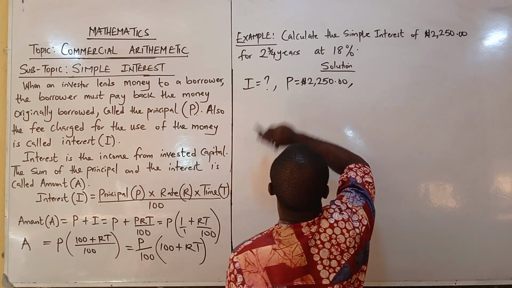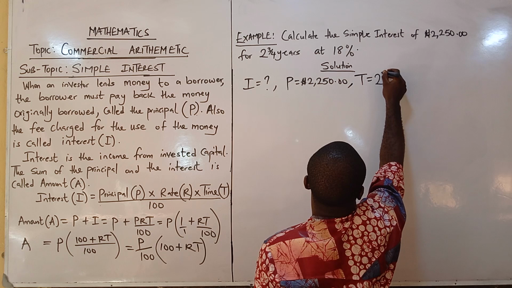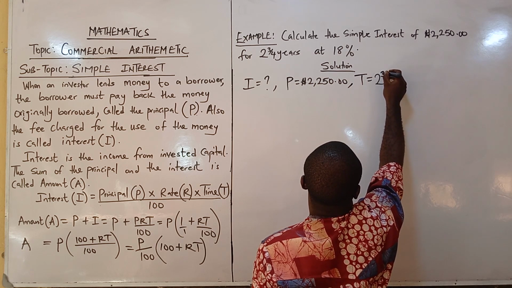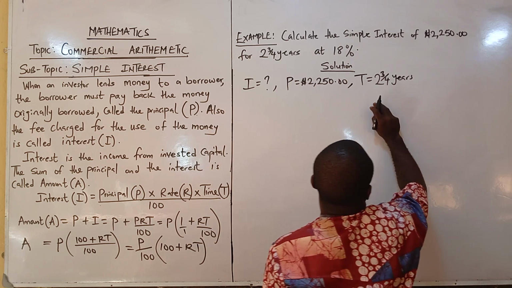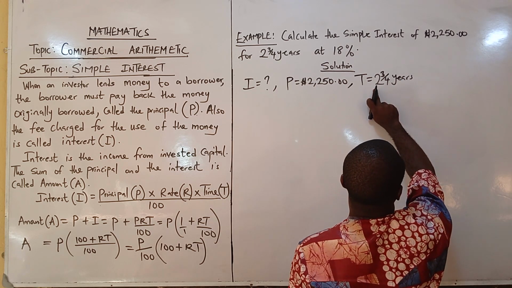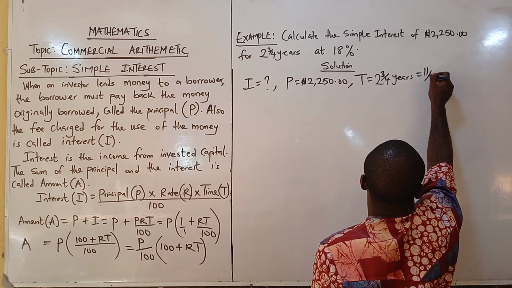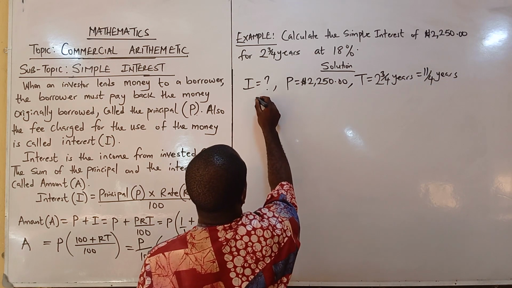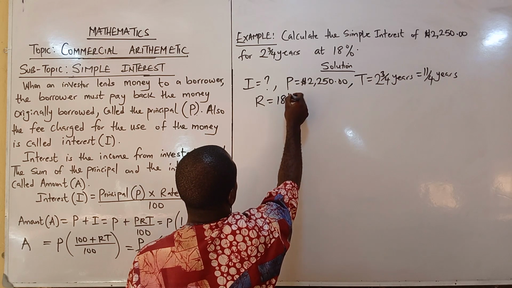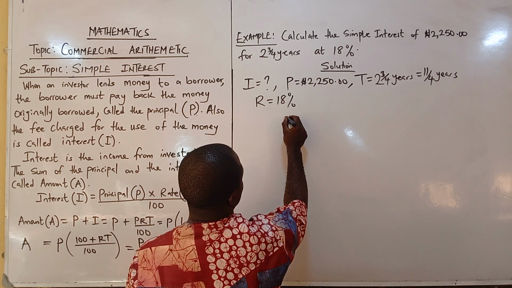The time is 2 and 3 over 4 years, which can still be simplified: 4 times 2, 8, plus 3, is 11 over 4 years. The rate equals 18%. Also look for the simple interest.